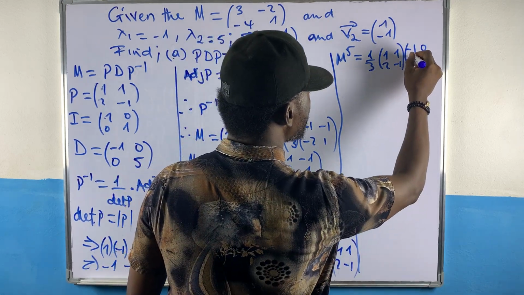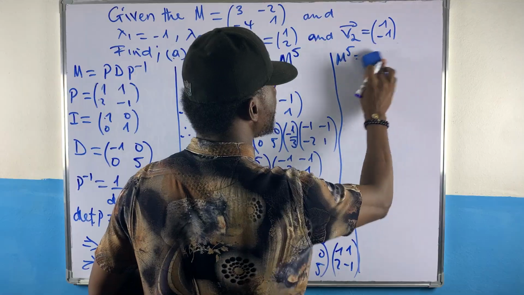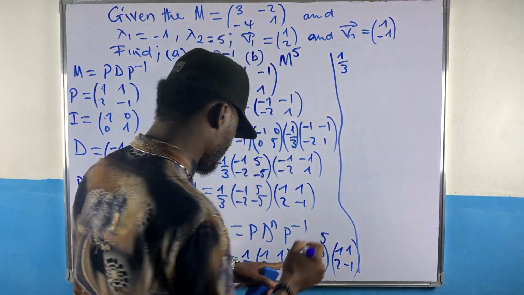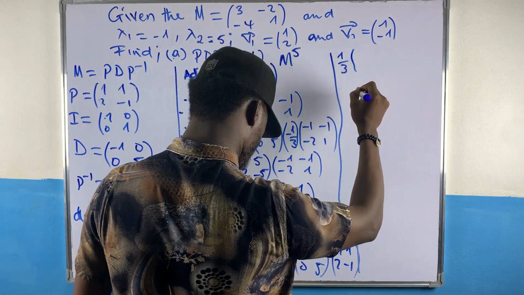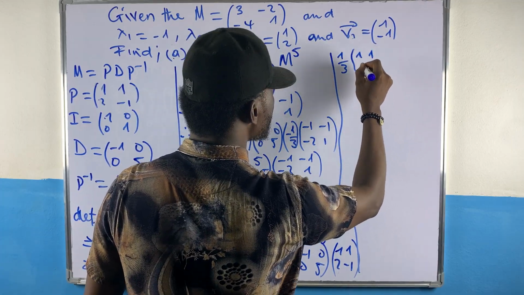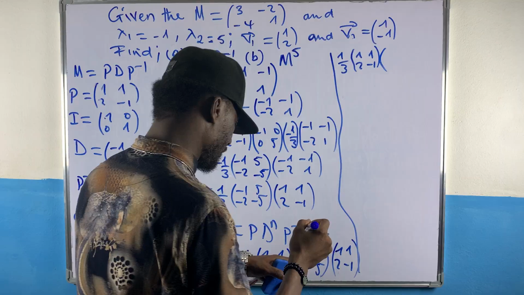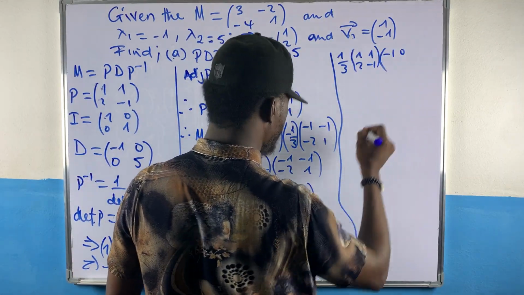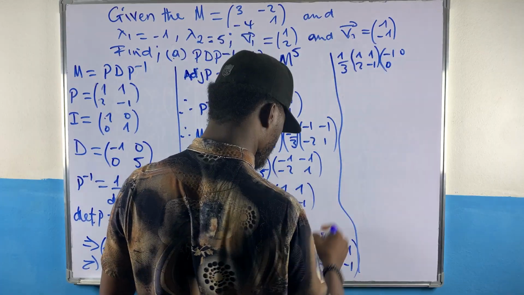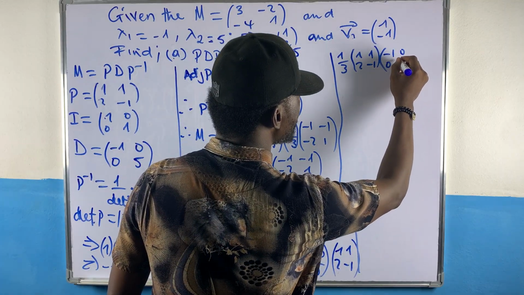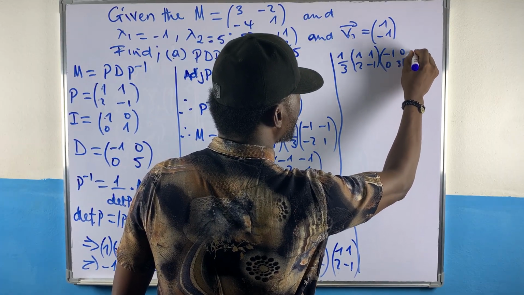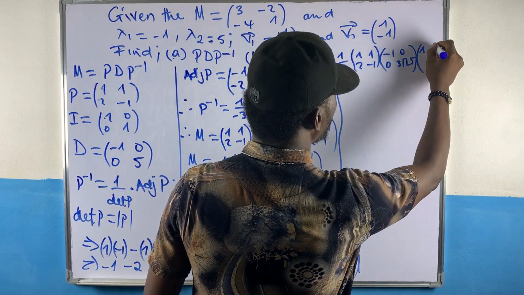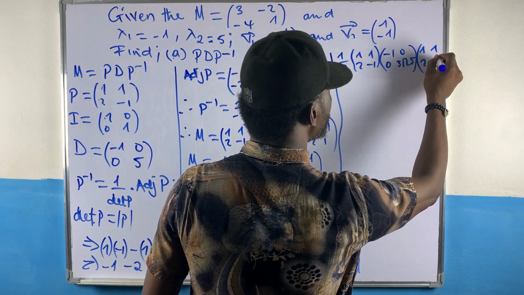Okay, because of space, I'm going to write this situation as 1/3 into 1, 1, 2, negative 1. Negative 1 raised to the power 5 is negative 1. 0 raised to the power 5 is 0. 5 raised to the power 5 is 3,125, multiplied by 1, 1, 2, negative 1.